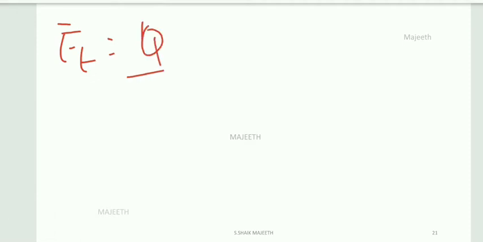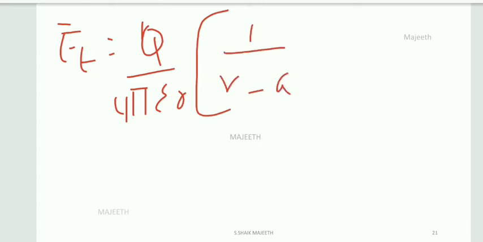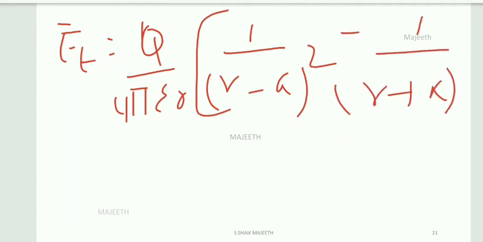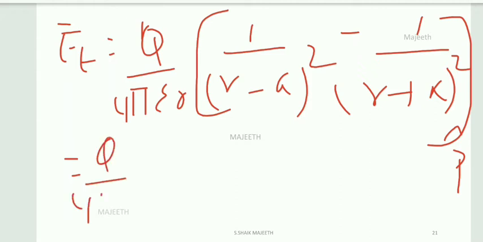So E total is equal to, Q is common, so I take Q outside, Q by 4 pi epsilon naught, 1 by R minus A whole squared minus 1 by R plus A whole squared, right? P cap is also common, so I take it outside. Now I simplify. Q by 4 pi epsilon naught.